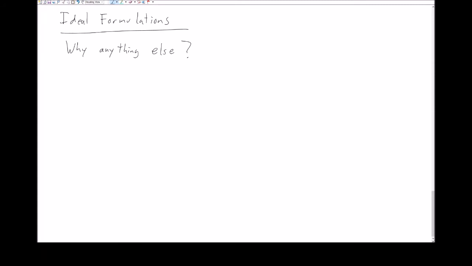Before moving on, we should say a little bit more about these ideal formulations. Looking back at our geometry, an ideal formulation seems to be the best possible way to have a formulation for an integer program. So why would we ever talk about using anything else? The problem is that ideal formulations are sometimes very hard to find. In fact, sometimes we can't even find an ideal formulation.